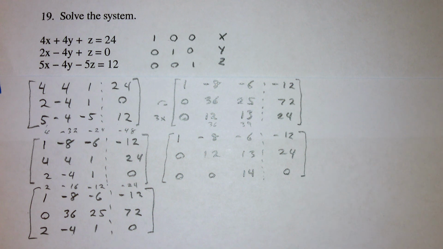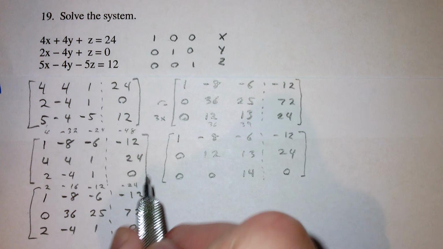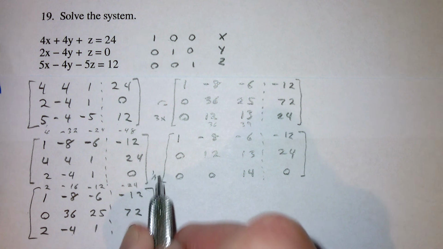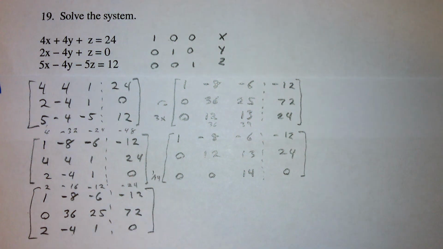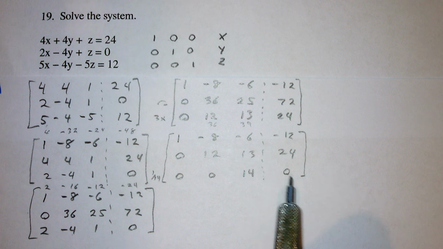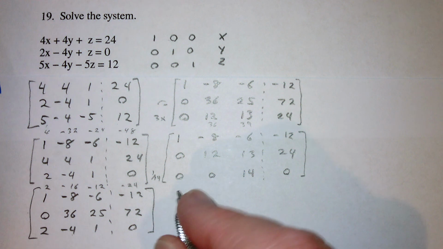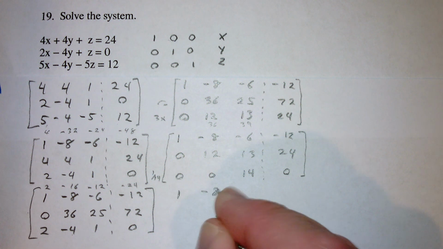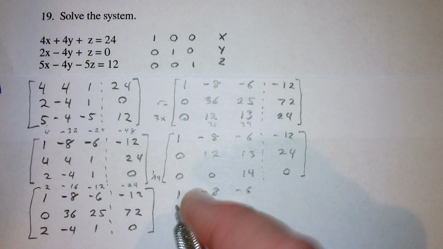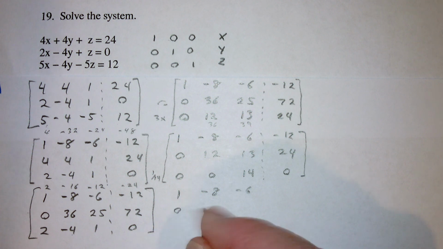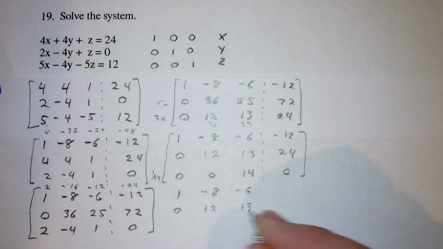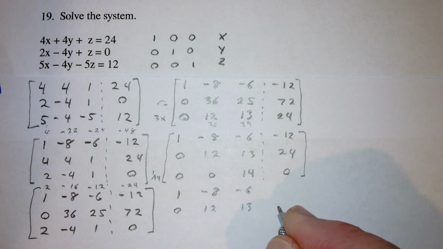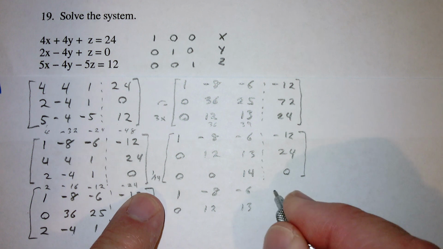Who knows? I can get this to be a 1 simply by multiplying by 1/14, right? And that tells me that my z is 0, right? Because none of this stuff's going to change. Let's see, I gotta get this negative 12.